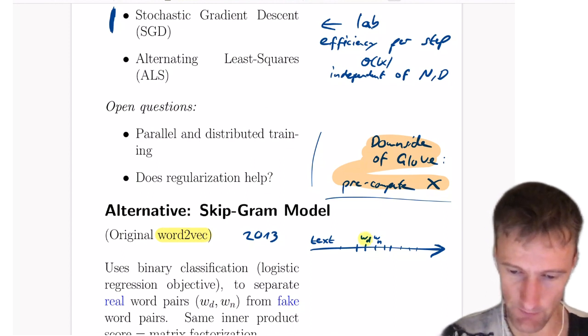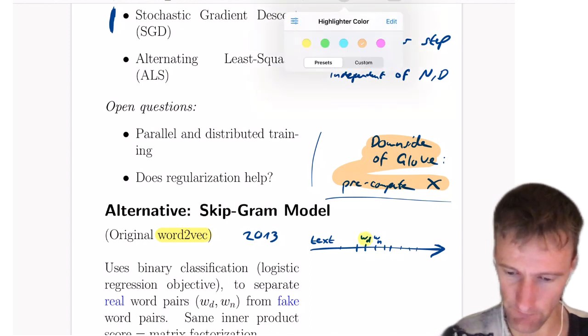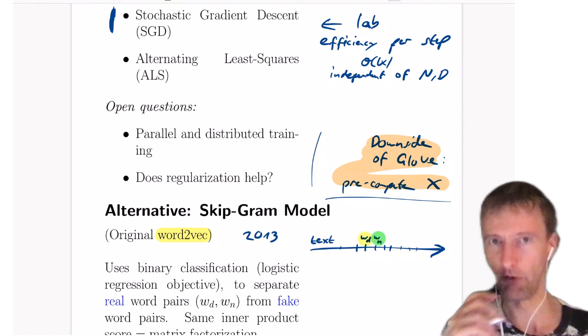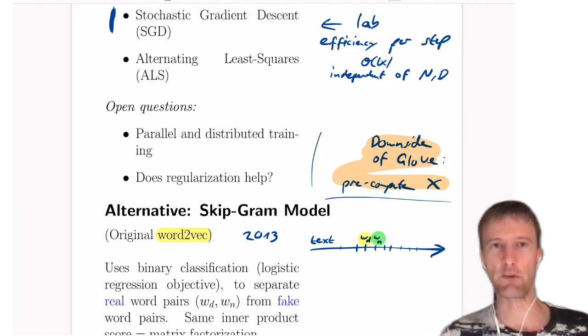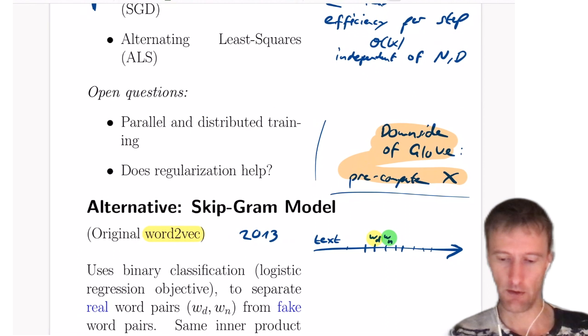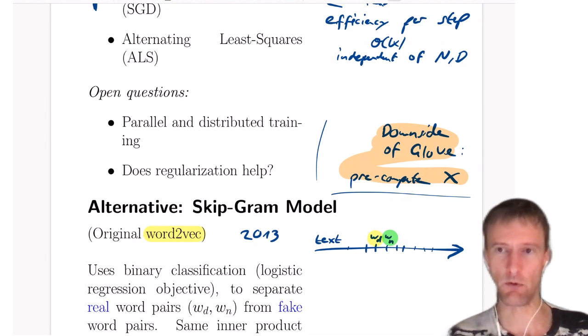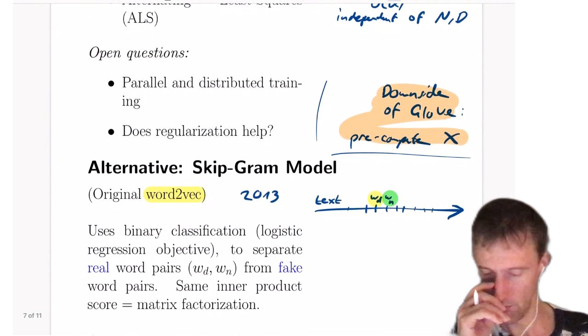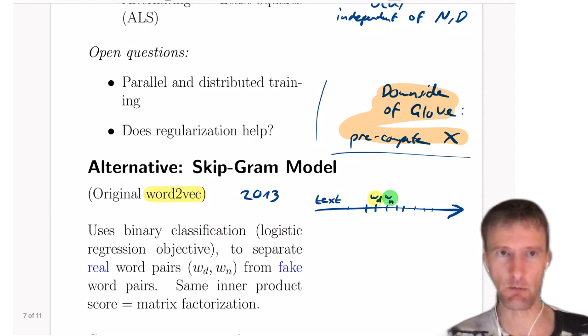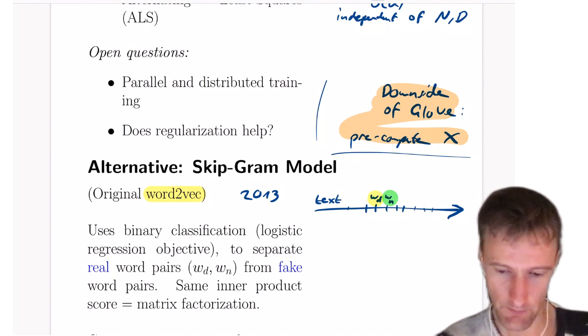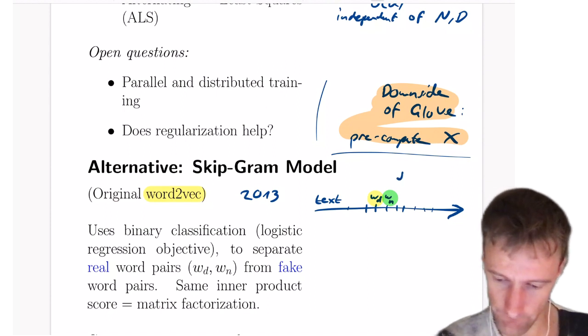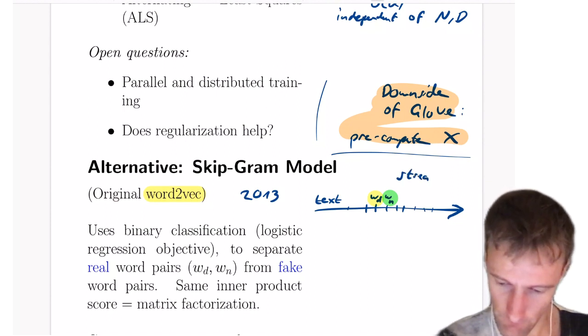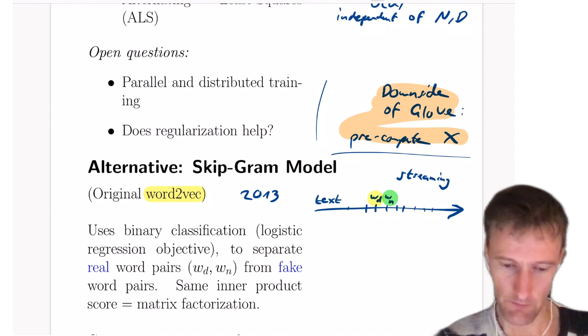That's the question, and Word2Vec is actually doing that. So how is this possible without us ever building any matrix? And can we still train our word vectors while reading the text in one stage? So that's the streaming algorithm, and that's what I would like to study now.